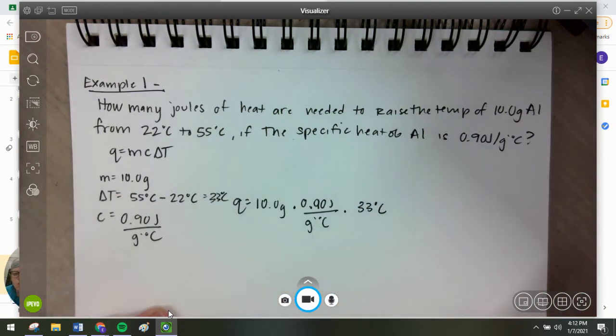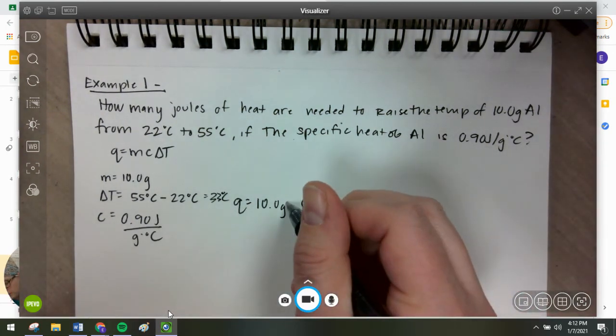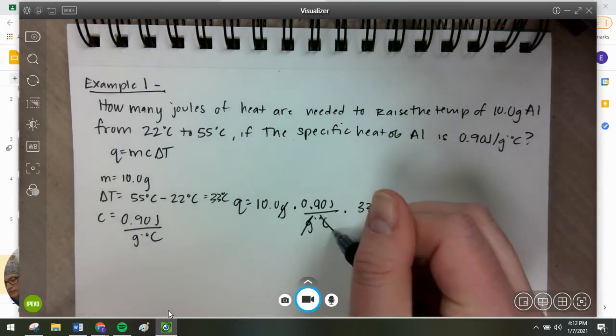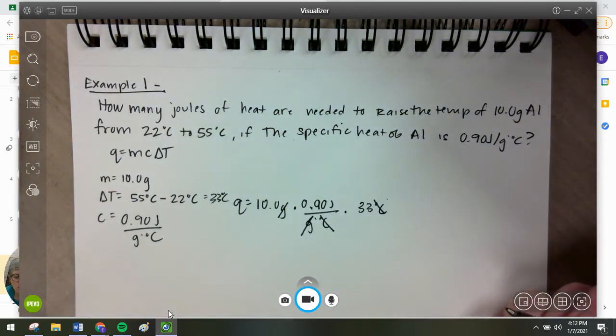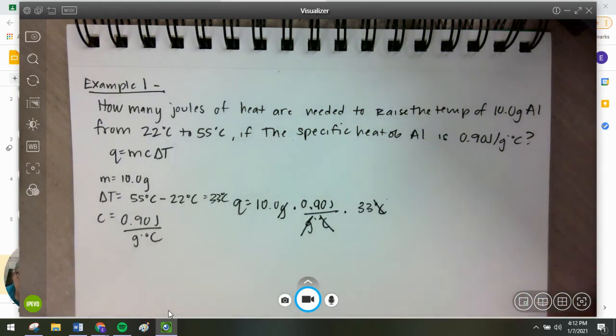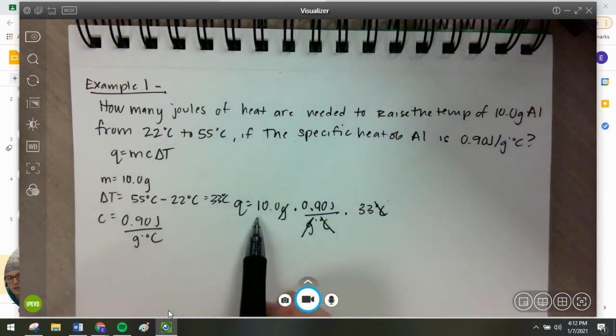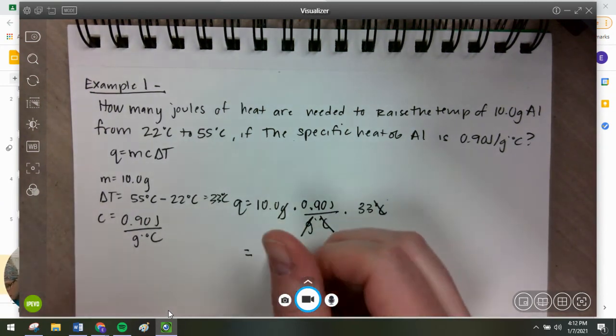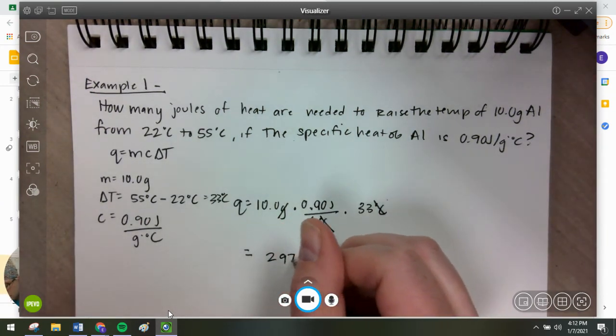Okay, so it's literally plugging and chugging, but I'll show you why the units are important here. So grams cancel out and degrees Celsius cancel out because of the units on our specific heat, and you are left with joules. So all I need to do is take 10 times 0.9 times 33 to get my answer, and that comes out to be 297 joules.